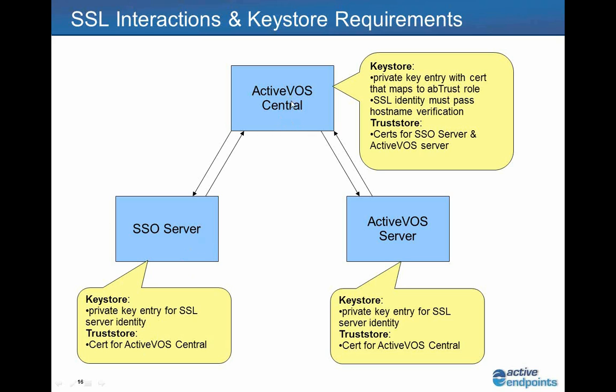This has private keys with certs that map to, let's say, I'm ActiveVOS Central, that's the AD trust role. And then ActiveVOS server has the private key entry for its SSL identity. So that's a basic intro to what single sign-on is, what the underlying technology is, and what it's good for.